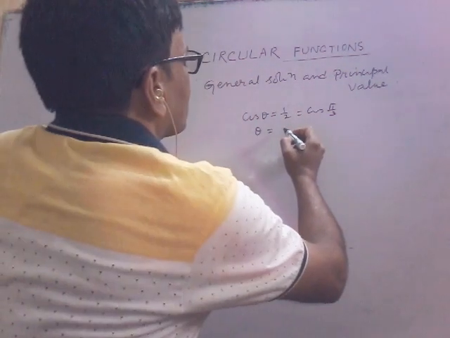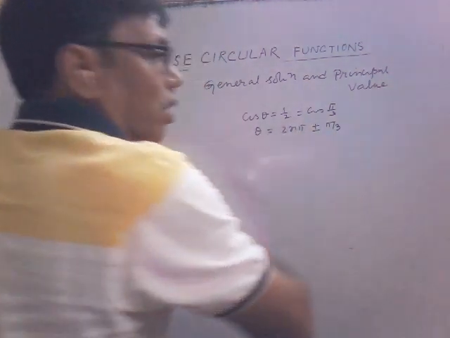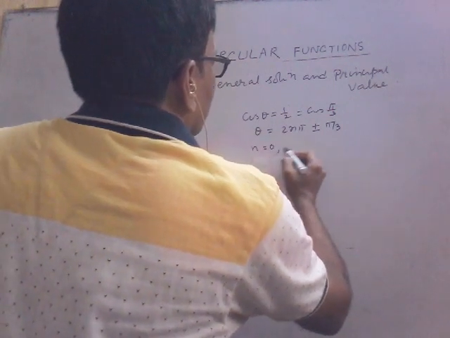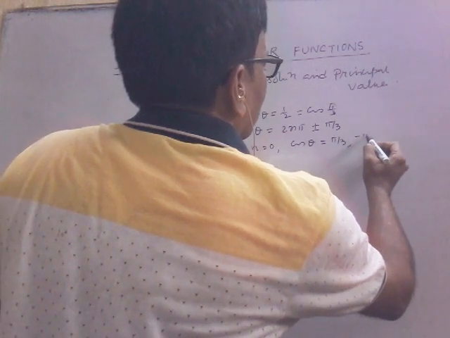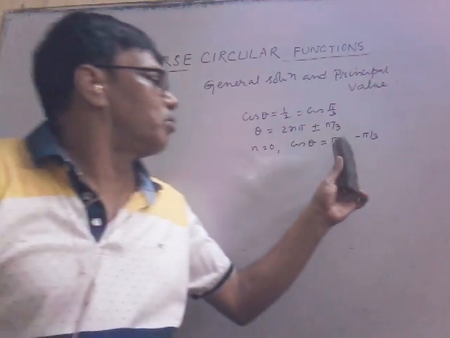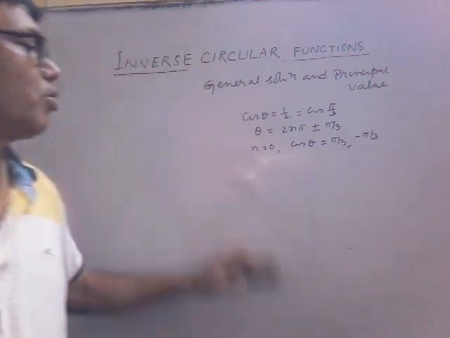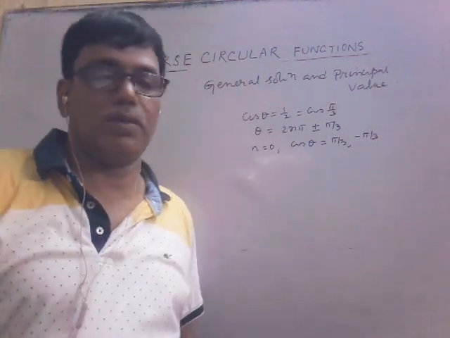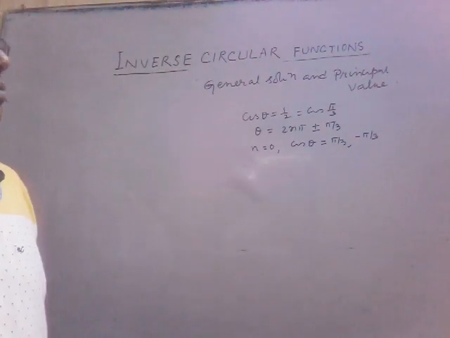So theta equals 2n pi plus minus pi by 3. So for n equals 0, cos theta gives pi by 3 and minus pi by 3. So look, both are of the same magnitude. In this case, we take the positive one. So what is the principal value? Principal value is theta equals pi by 3.